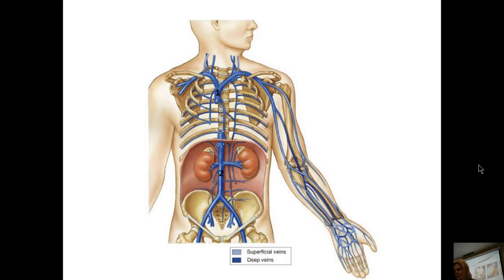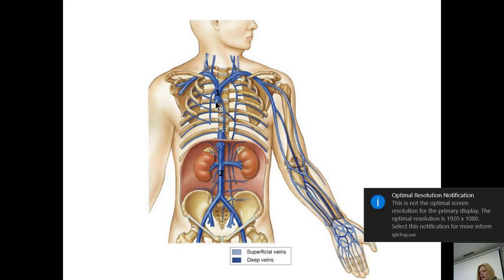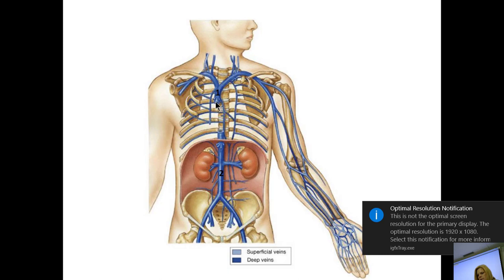Now we'll look at the vein side of things. So if you go back to page 24, on the right column where it says veins, remember that if we had the heart in here, we'd have the superior vena cava, bringing blood from the arm and head.